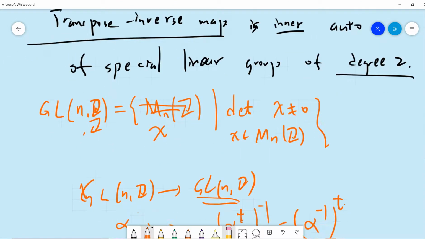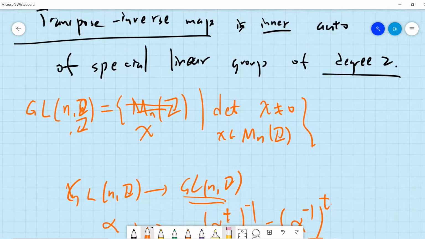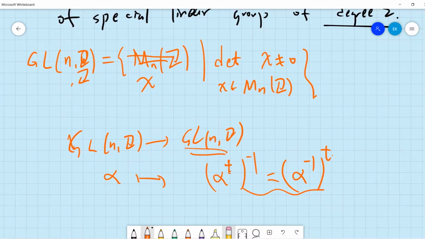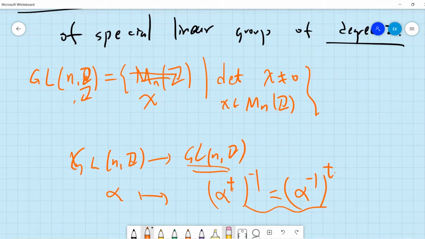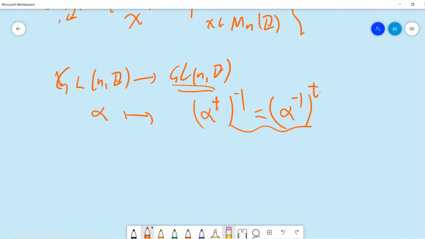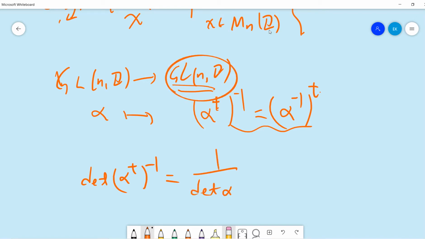But the problem is that although the determinant of alpha inverse transpose is 1 over the determinant of alpha, this is the general linear group with coefficient Z, so it should be in Z. But this only happens when the determinant of alpha is plus or minus 1. So actually this map is not well defined from GL_n(Z) to GL_n(Z).